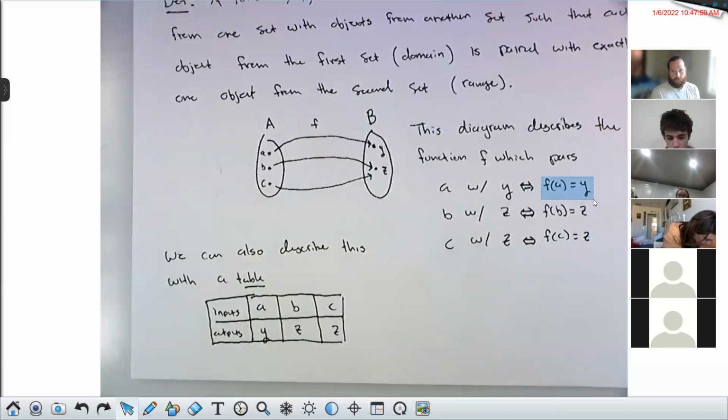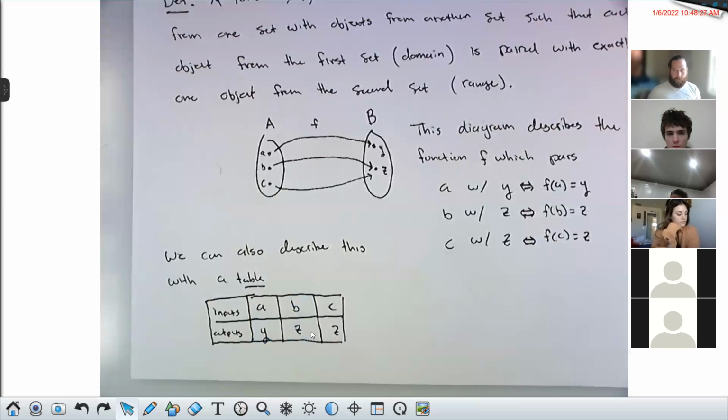That's what this says. The input B goes to the output Z, that's what this says. And the input C goes to the output Z, that's what this says. So is there any one input that goes to two different outputs? No. Right? If I had A going to Y and A going to Z, that would be the input A going to two different outputs, and that would be bad.